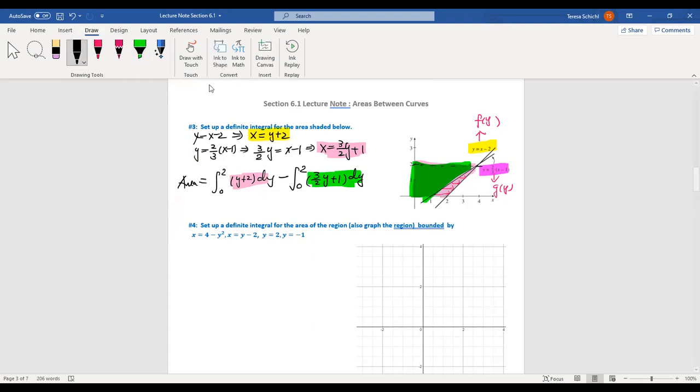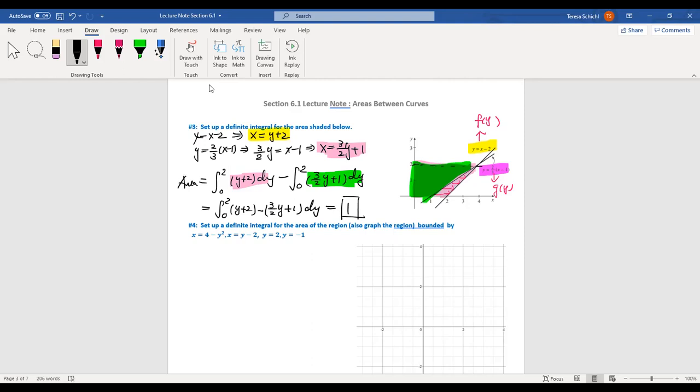Now I can combine them, so this will be the integral from 0 to 2 of y plus 2 minus 3/2 y plus 1 dy here. All right, so this is still pretty straightforward integration. If you do that, I assume you still remember, the integration result will be 1 here.